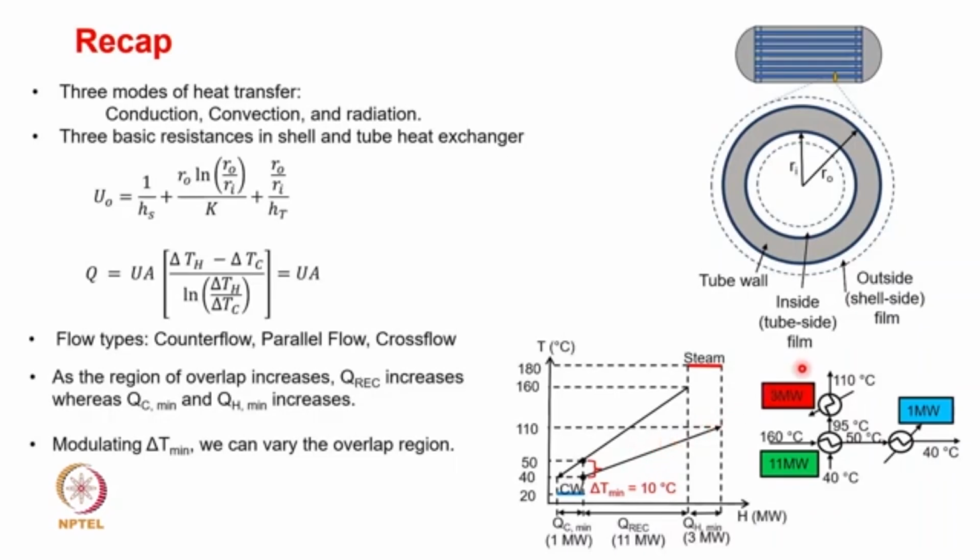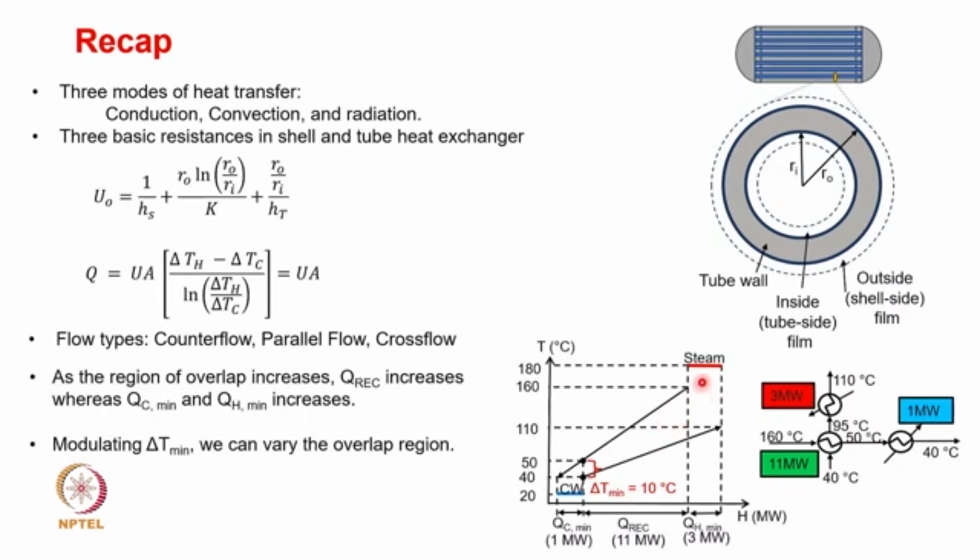And this analysis we were doing with the help of a single stream, one hot and one cold stream, and we have drawn the composite curve. The areas which are not covered by the composite curve, marked by the red line on the hot side and the blue line on the cold side, have to be supplied as additional utilities.